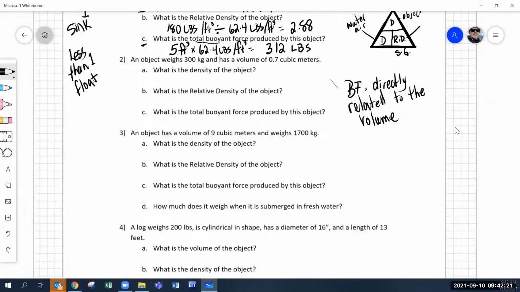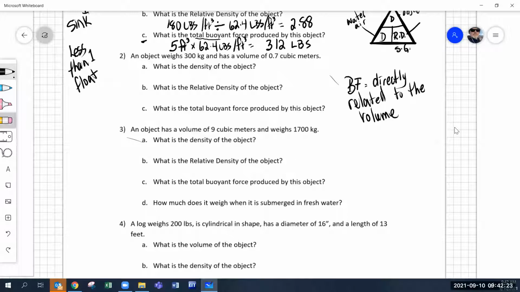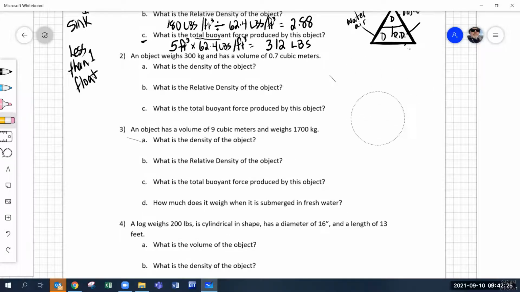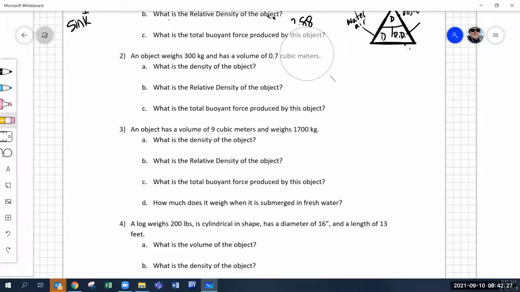So let's go to number 2. And I've written all over the sheet here. Okay, let me just get some space. So number 2 says an object that weighs 300 kilograms has a volume of 0.7 cubic meters. So what is the density?